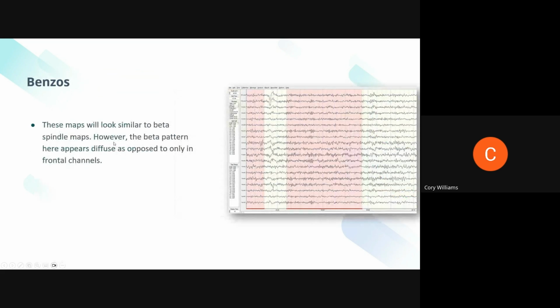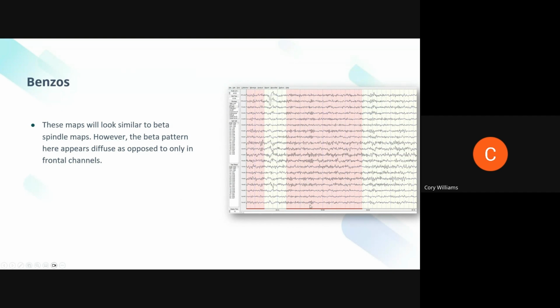Now, with regard to benzos, which are used in some clinics as an anxiolytic, we don't really use these a lot here, but I know some people do. When you do a map or even an EEG for somebody who's taking a lot of benzos, the pattern here will be beta spindling. That's what happens with this medication.